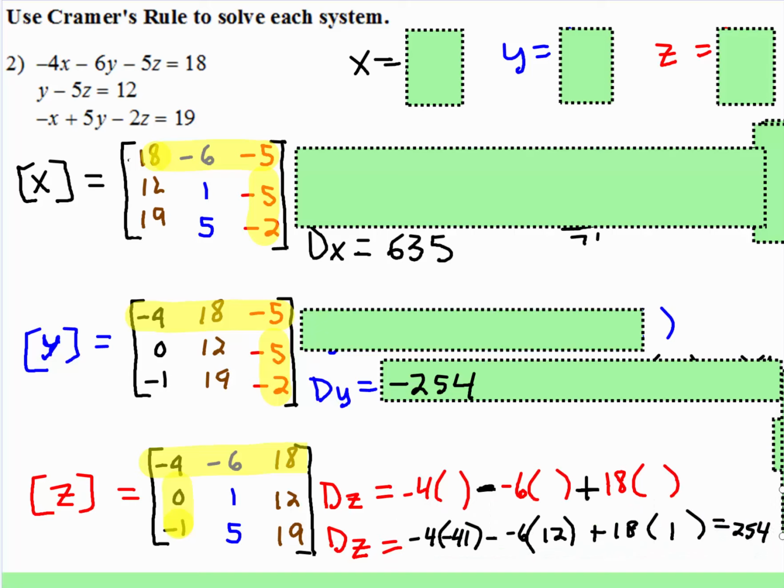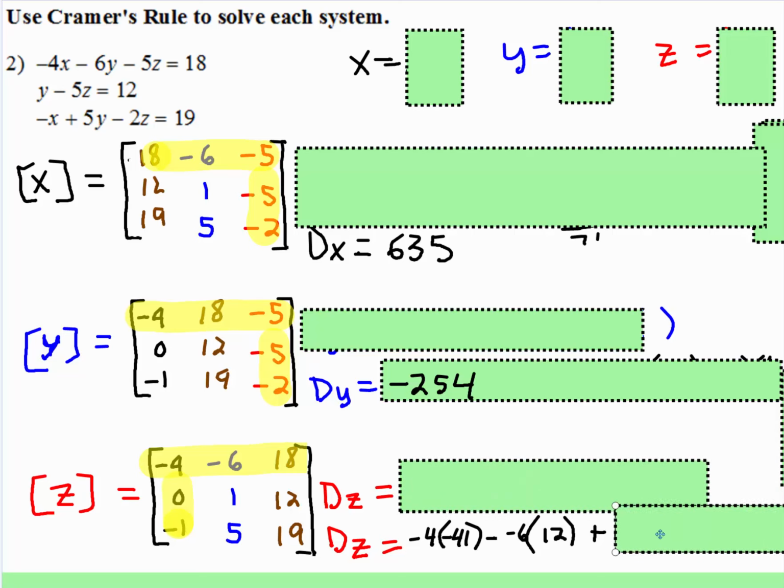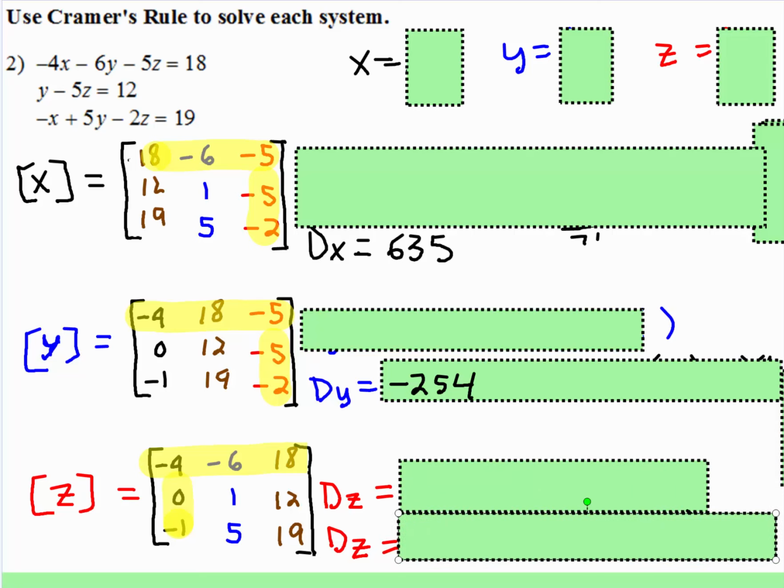And when you find each of those determinants, we have -41 for the first one, positive 12 for the second one, positive 1. When you do that multiplication, you get positive 254. So dz, the determinant of z, is positive 254.